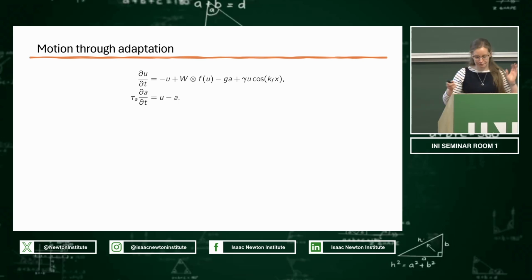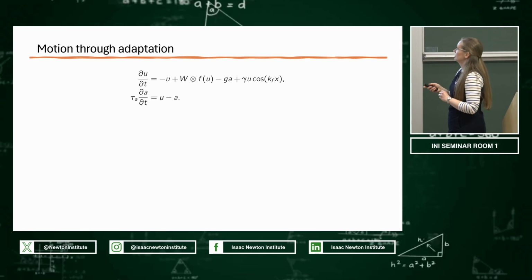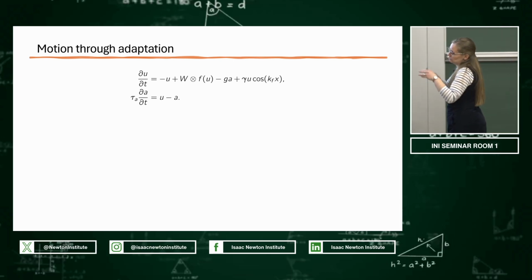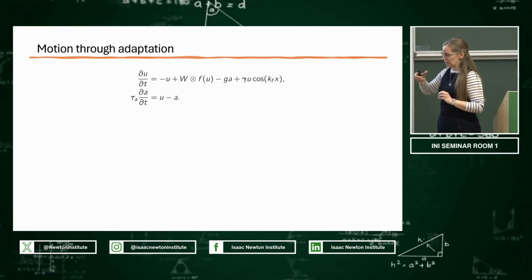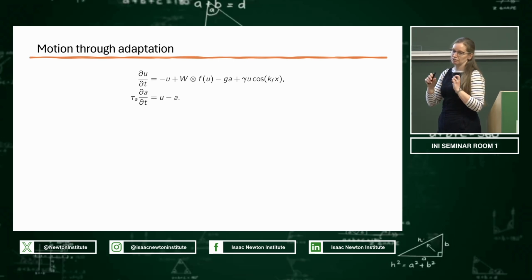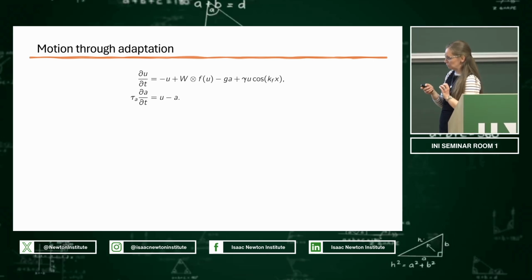Right, okay. But we also wanted the pattern that we get out to be moving. It turns out that if I went all the way back, but I won't, the dispersion relation that we had for the original model only allowed for real eigenvalues. So what we want is a dynamic instability, and we need to add a little bit more to our model.